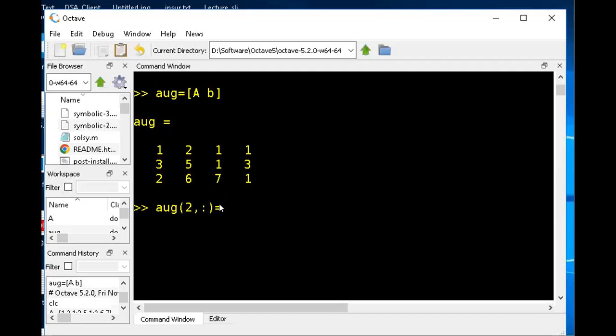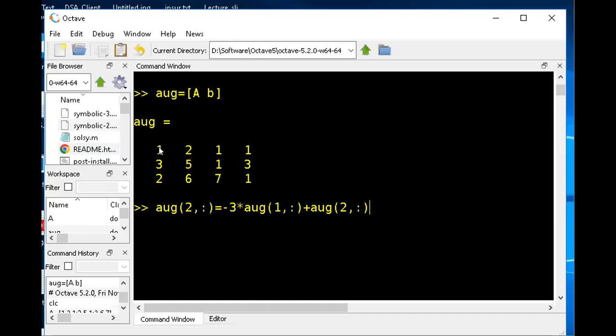So what is the operation? -3 times the first row, and add to the second row.